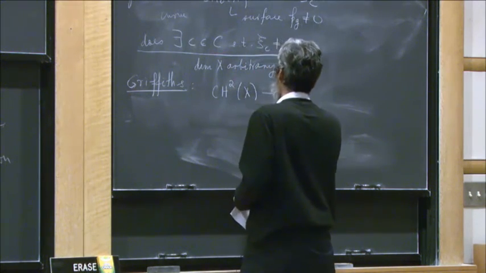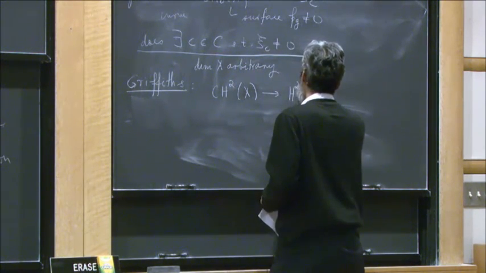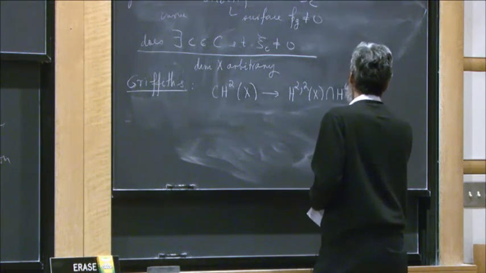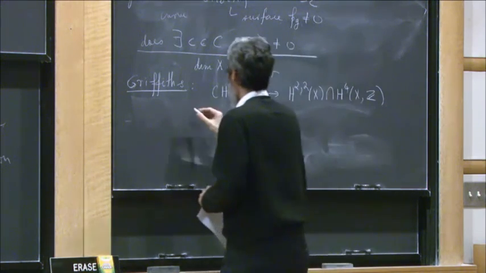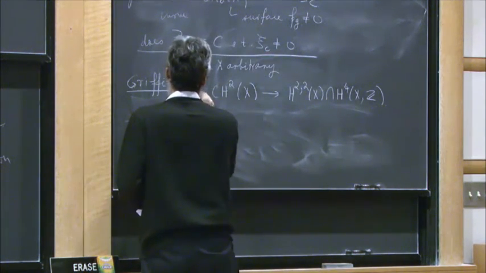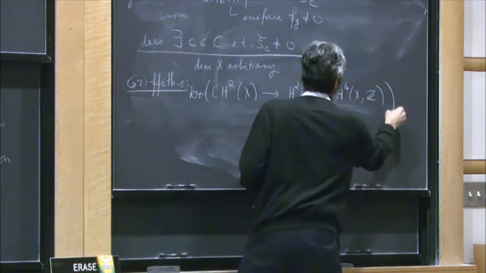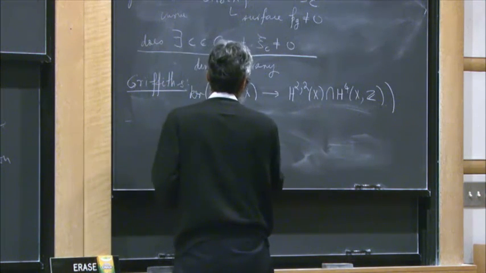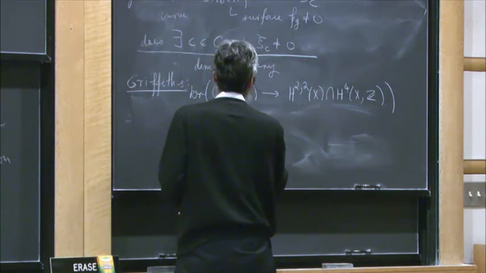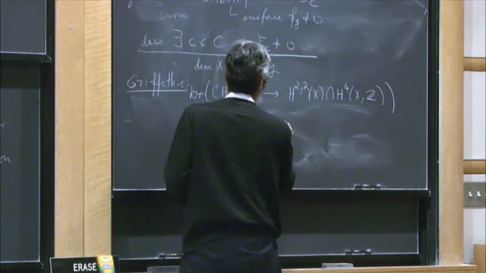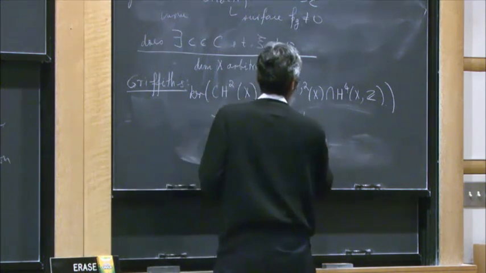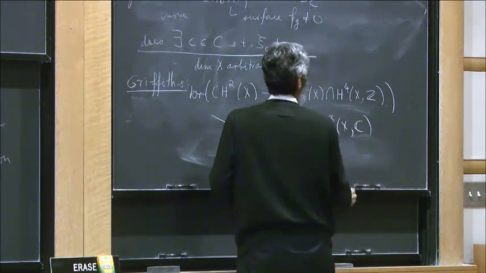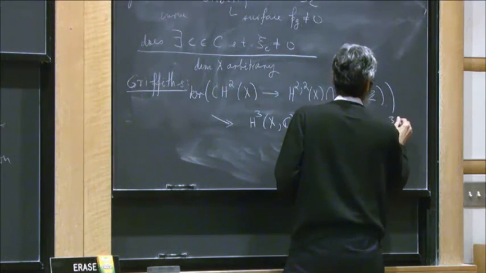So we have Chow^2(X) to the Hodge classes, H^4(X,Z), and then from the kernel of this, those cycles which are homologically trivial, Griffiths defined this map to the intermediate Jacobian, which in this case would be H^3(X,C) mod the second part of the Hodge filtration plus H^3(X,Z).